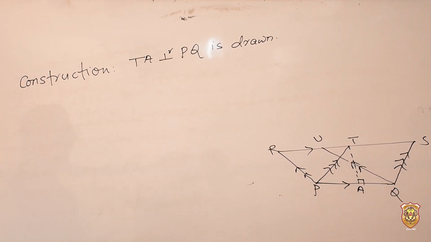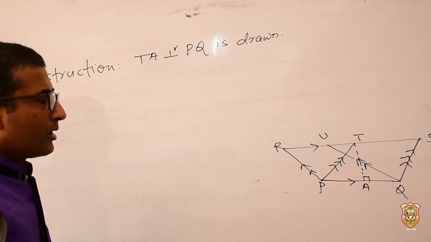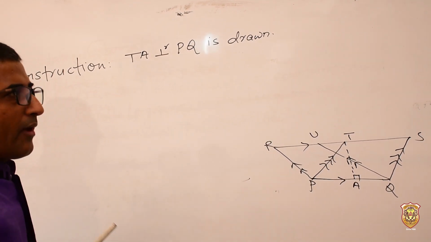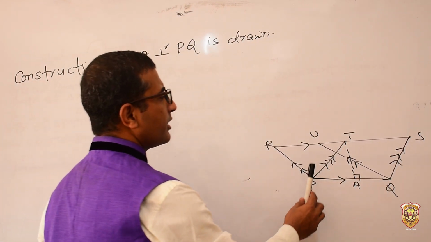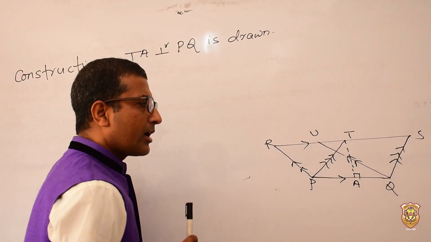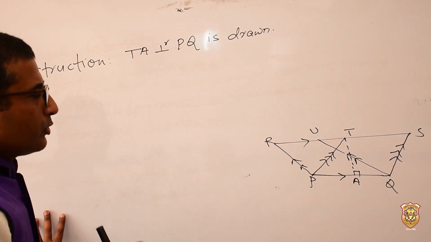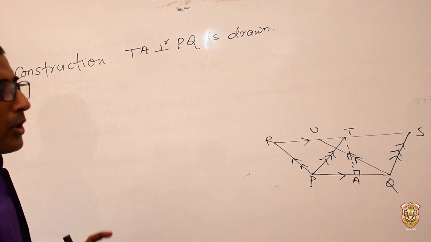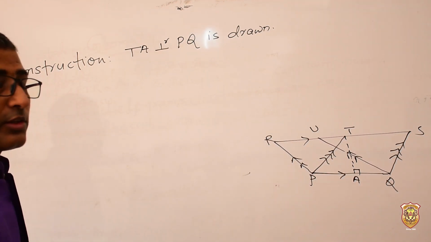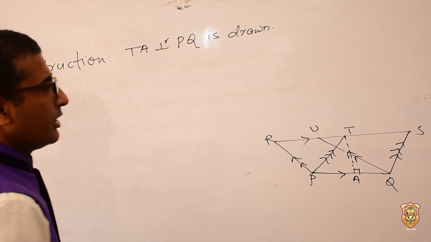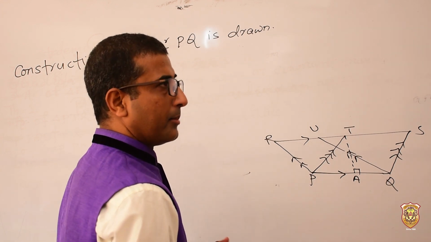Now, using the formula for the area of a parallelogram, you know that the area of a parallelogram is base into height. Here, in both these parallelograms the base is the same, PQ. And you know that the perpendicular distance between two parallel lines is always the same. It means TA is the height for both these parallelograms.